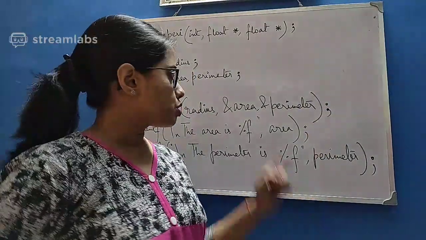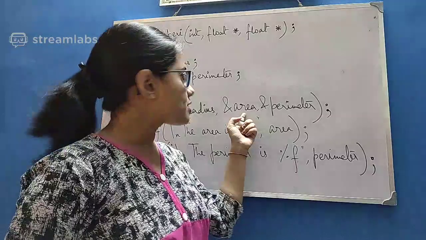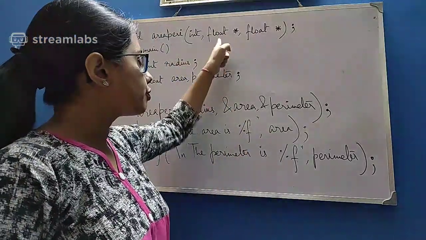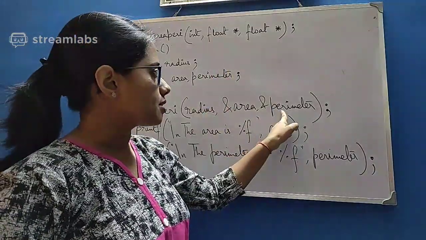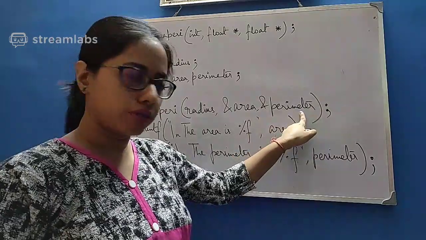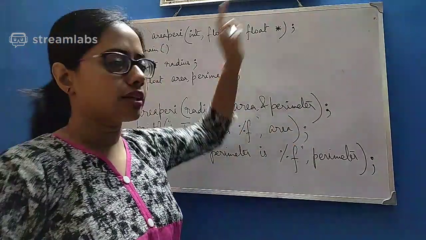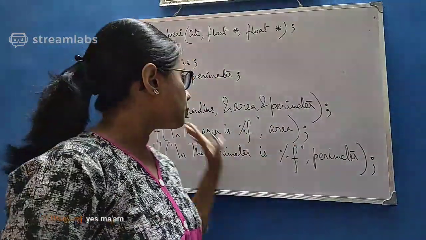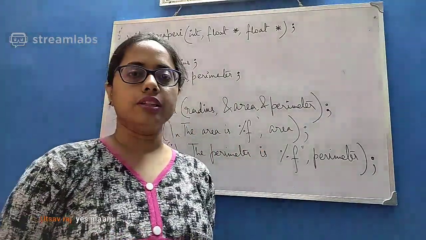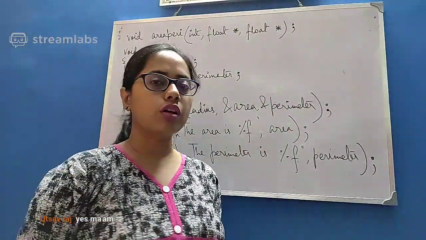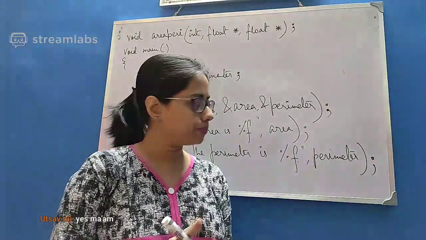Right? So this is the address of the floating point value. So float star, again this is the address, ampersand of the floating point variable, that is the float star. So I hope the function call is clear. If you have any doubt regarding the function call, you can ask me in the chat box.